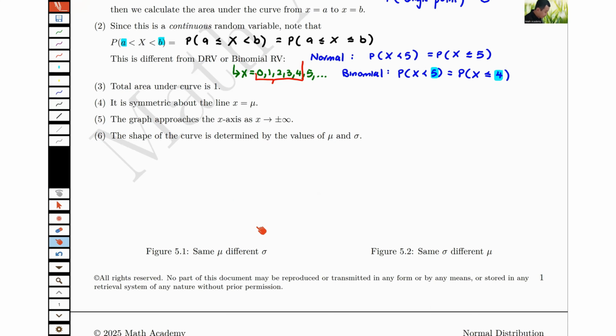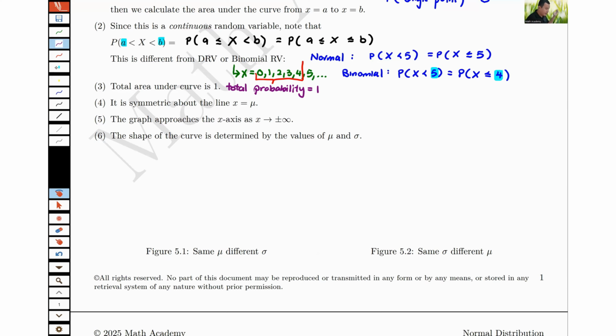Okay, more properties. The total area under the curve must be 1, because total area refers to your total probability. Probability is always from 0 to 1, maximum of 1. So the total area under the curve should be 1.